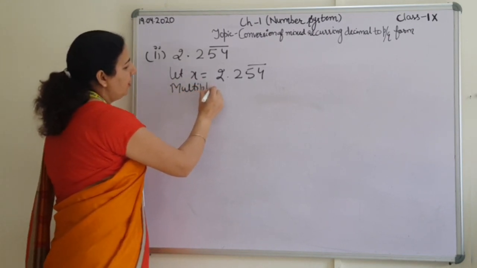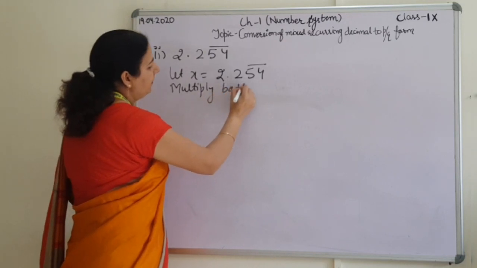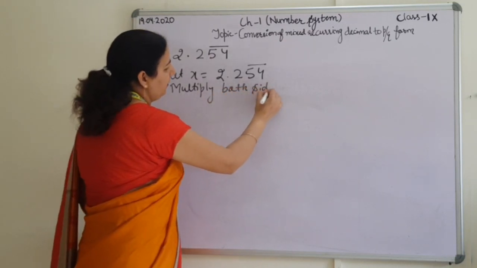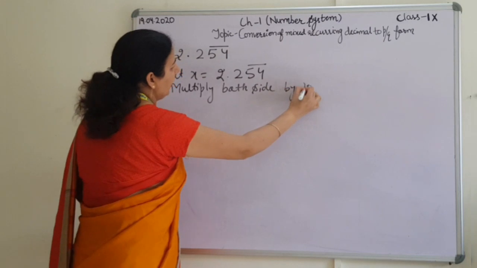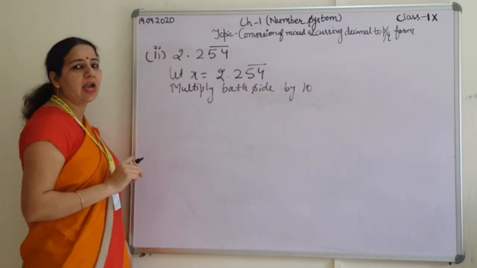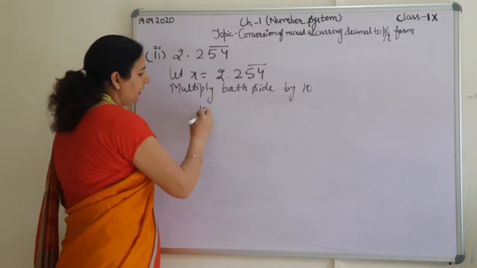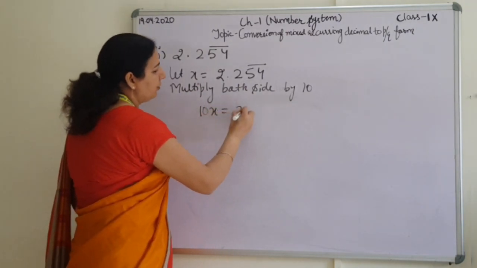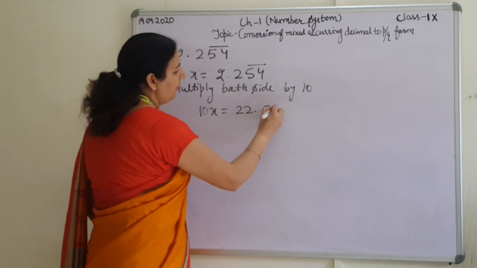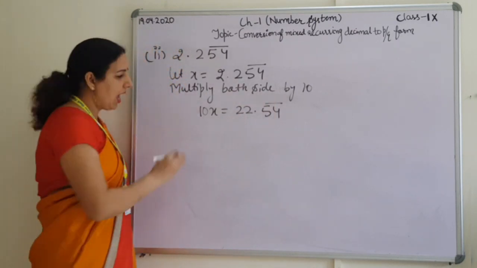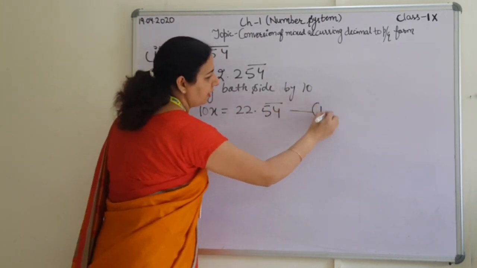Multiply both sides by 10. If you want to shift two numbers to this side, then multiply both sides by 100. Then it will be 10x is equal to 22.54 bar. Our question will start from this equation now.